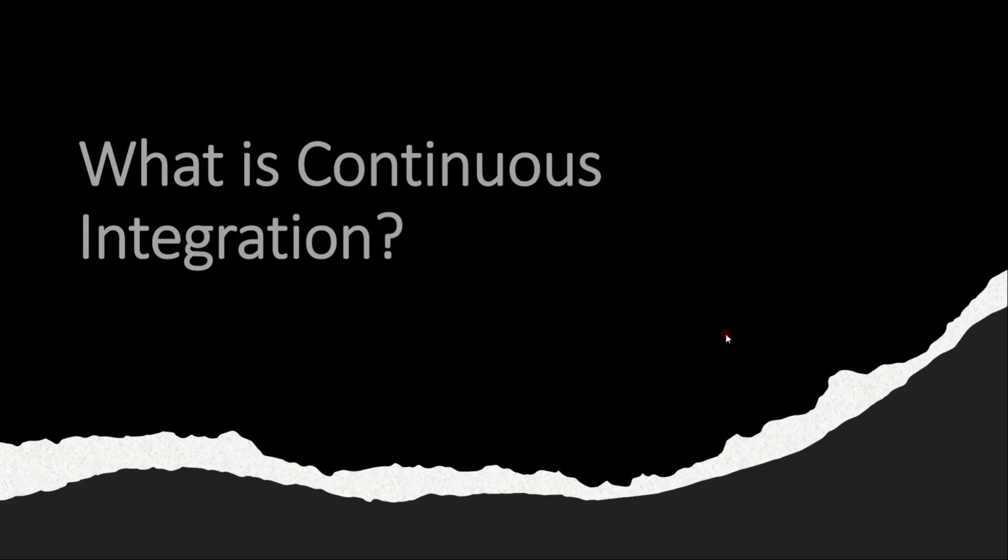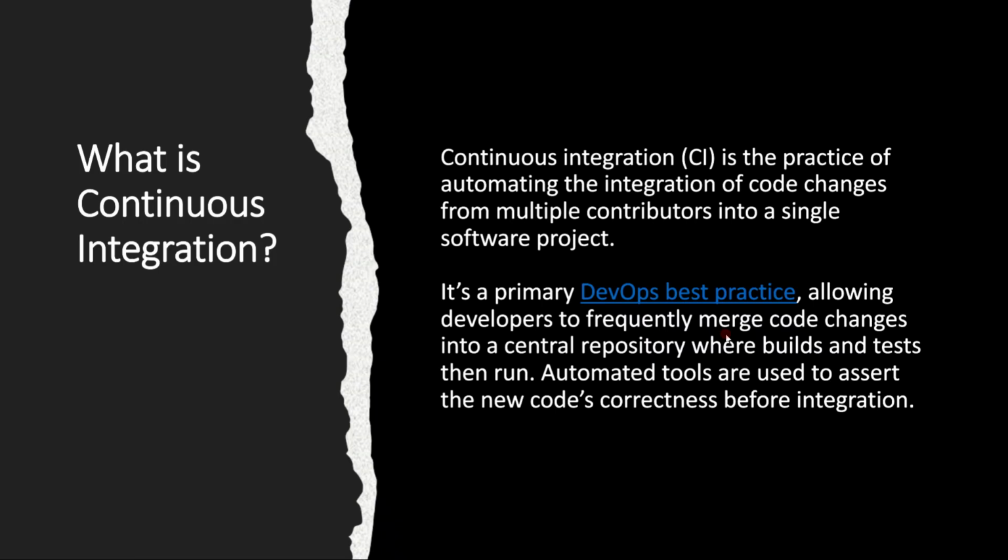So first of all, what is continuous integration? According to several definitions out there, there hasn't been any concrete definition as to how we define certain aspects of DevOps, but this is my own definition of continuous integration. Continuous integration is the practice of automating and integrating code changes from multiple contributors into a single software project.